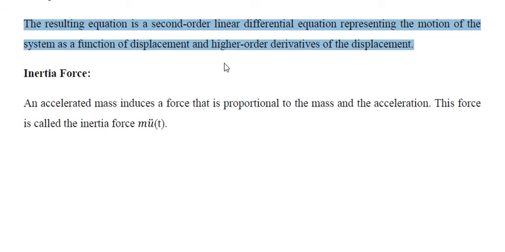One derivative is velocity and the double derivative is acceleration. This function is a function of displacement and its higher order derivatives. One is the single order du by dt, which is velocity, and the other is the double order d square u by dt square, which is acceleration.